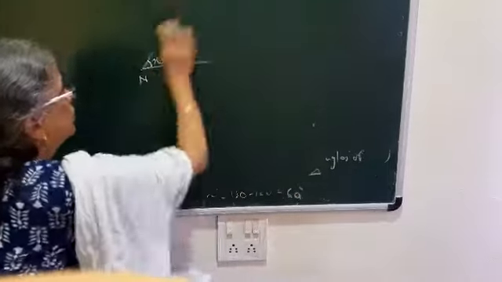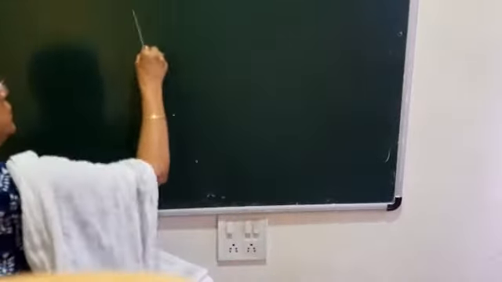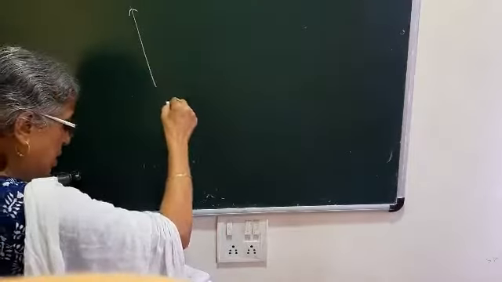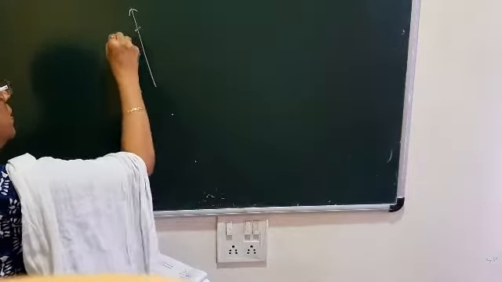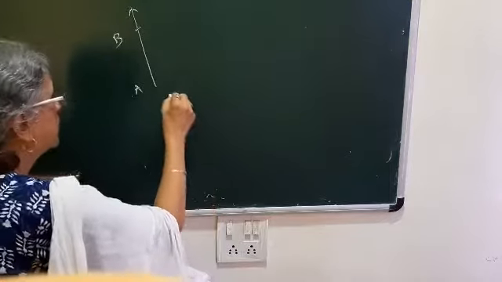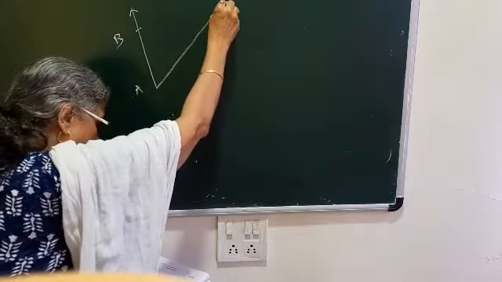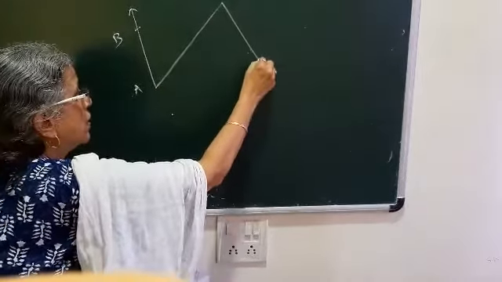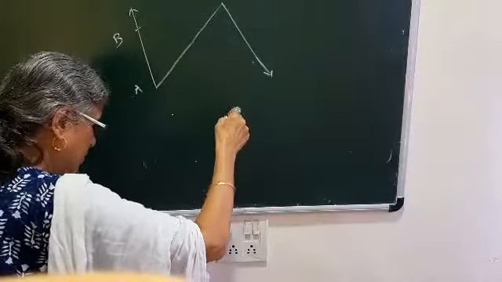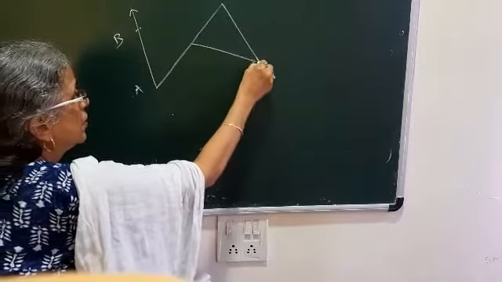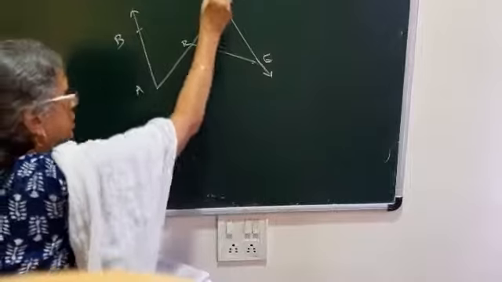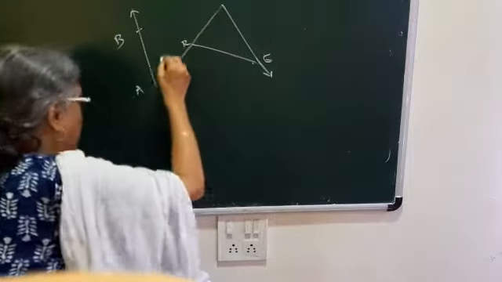I will draw the figure. So this is ray AB. This is E, R, B. This is 70 degrees.